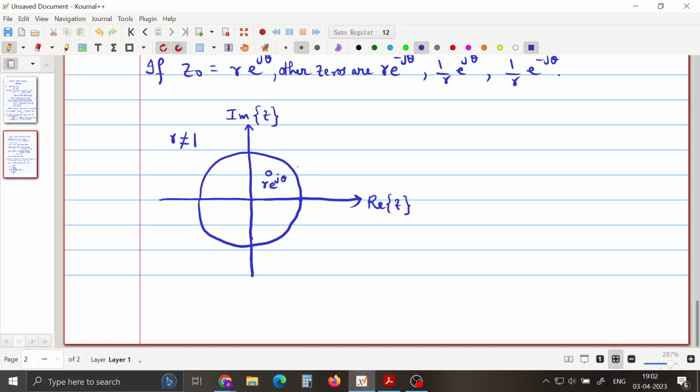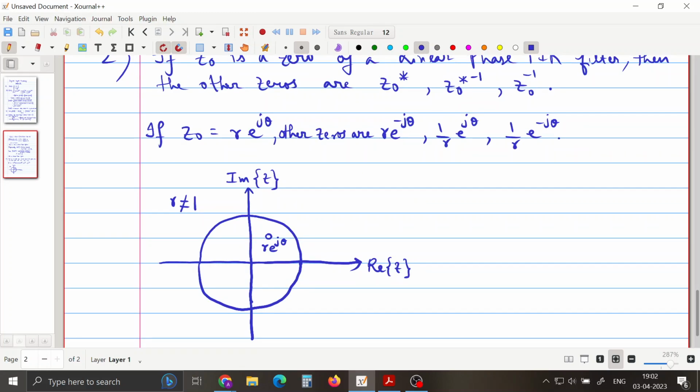The thing is, if r were equal to 1 exactly, then all these other zeros, r times e power minus j theta, then 1 by r e power j theta, and all these, would also lie on the unit circle only.